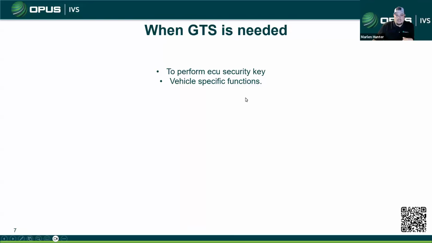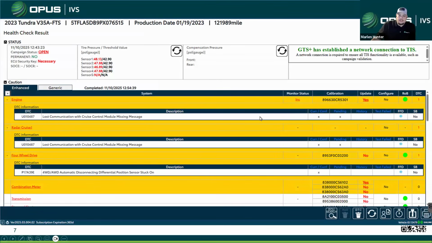And obviously vehicle-specific functions, and I'll dive into that a little bit more in some slides, mostly what you're going to do and how you're going to do it using GTS, for configurations, data to look at, things like that. So this here is a screenshot from using GTS. And what we're going over here is back to the ROB code clearing and also more of what it does.